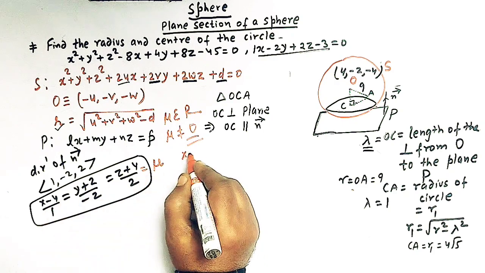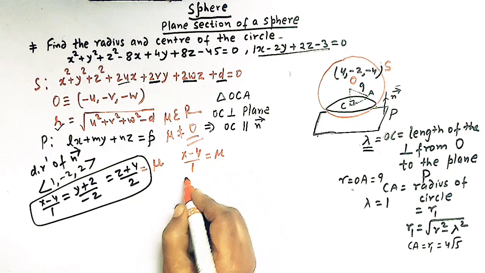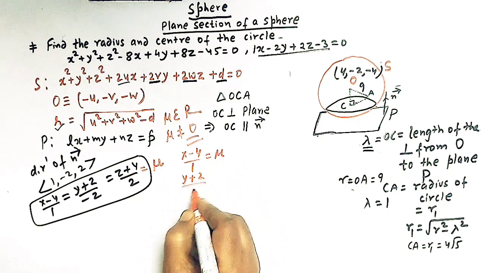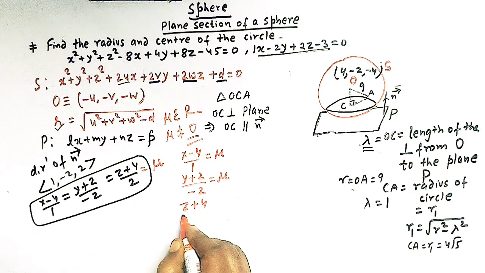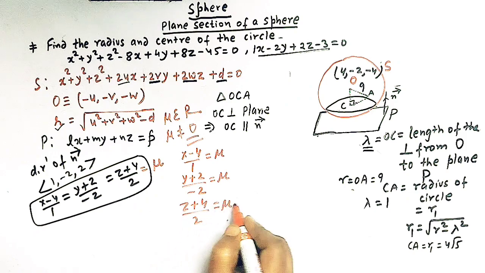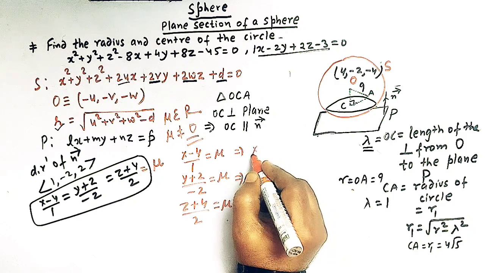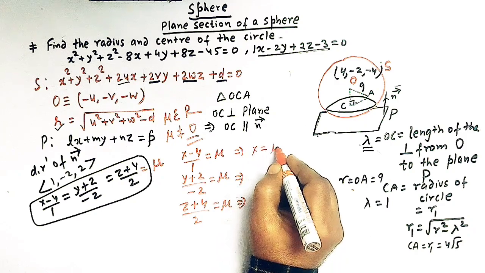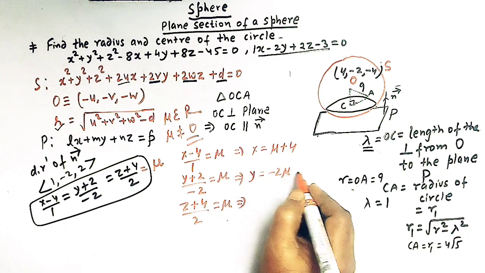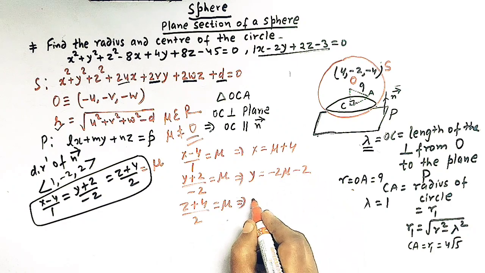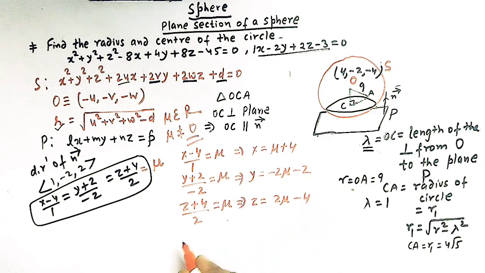So here we can write (x minus 4) over 1 is equal to mu, then (y plus 2) over minus 2 is equal to mu, and (z plus 4) over 2 is equal to mu. From these three equations, we can write x is equal to mu plus 4, then y is equal to minus 2 mu minus 2, and z is equal to 2 mu minus 4, right?